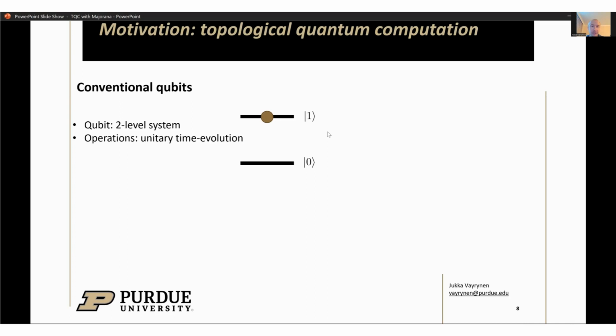And the key here is to try to keep this unitary. If you break unitarity, bad things can happen. For example, the qubit can decay back to its ground state. And that's actually a kind of a problem in conventional qubits.